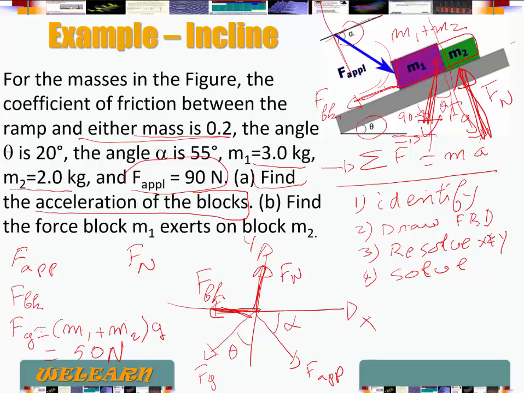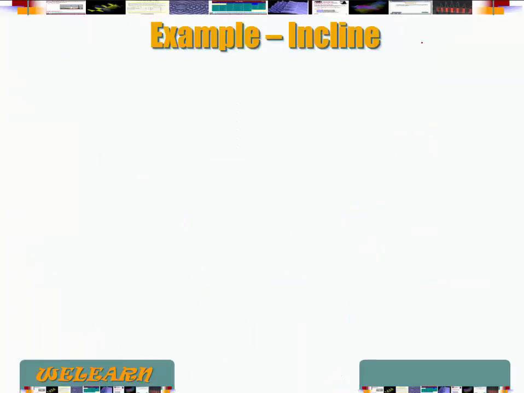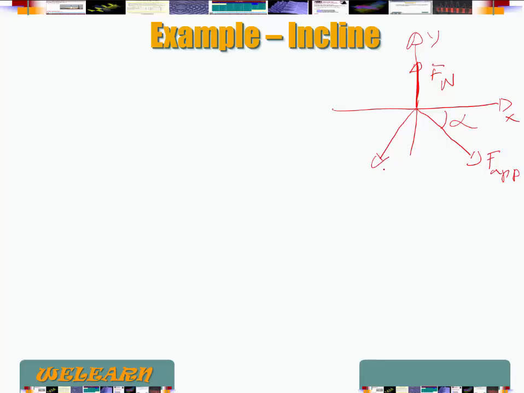That's my free body diagram. Of course, I don't have space here anymore. I'm going to redraw it quickly on the next page. So my free body diagram is Fn, F applied, Fg, and the kinetic friction.